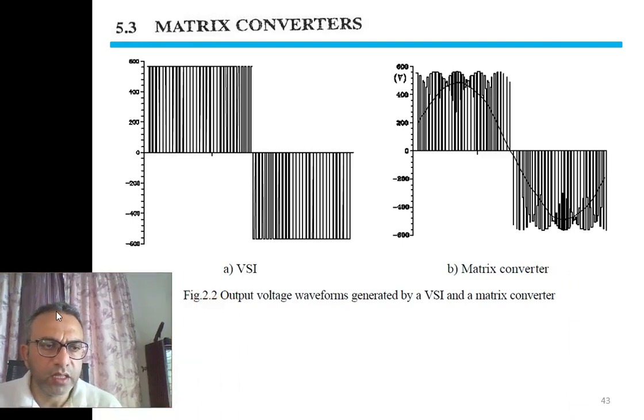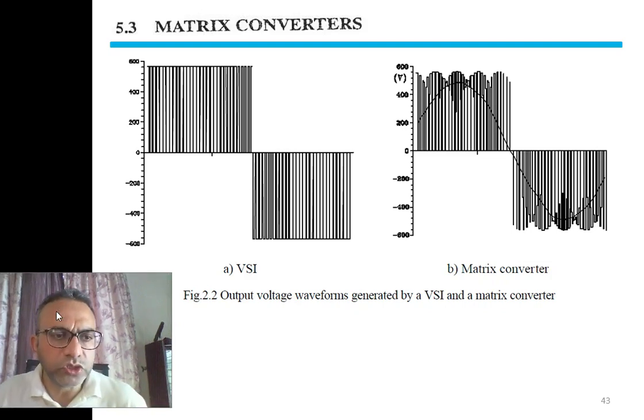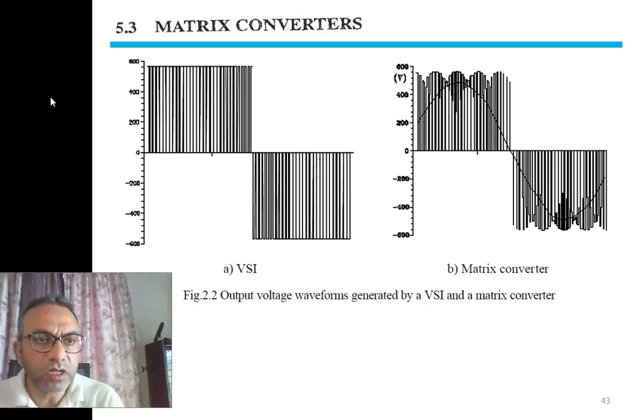In this slide, there is a comparison of the output voltage produced by the traditional DC to AC converter, which is also called the VSI, voltage source inverter, versus the output voltage of the matrix converter.